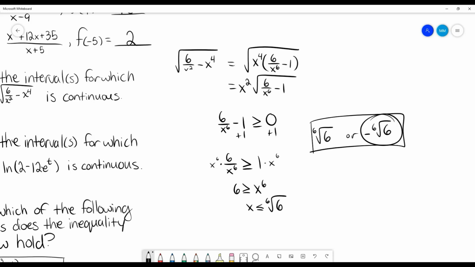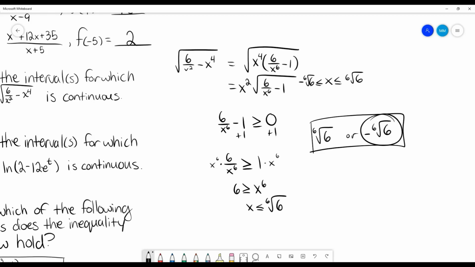So we can work with both of these. So we know that it's continuous when x is less than this right here, or is greater than this, I believe. So we know x has to be less than or equal to this and greater than or equal to this.